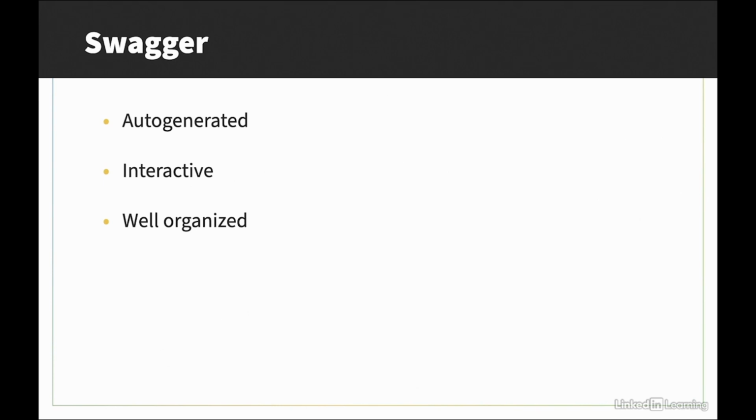So this is how documentation can help consumers understand our APIs and see how they can use our APIs in their applications. We have also seen what Swagger documentation looks like.